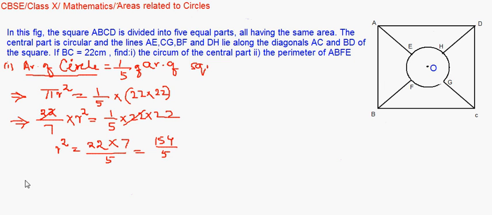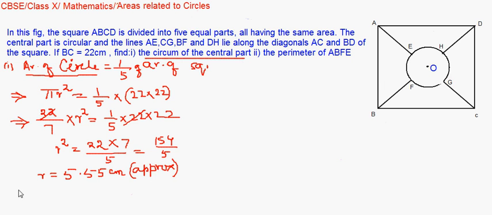So r becomes root over 154 upon 5, which is approximately 5.55 centimeter, rounded off. So the radius of the circular part is 5.55.